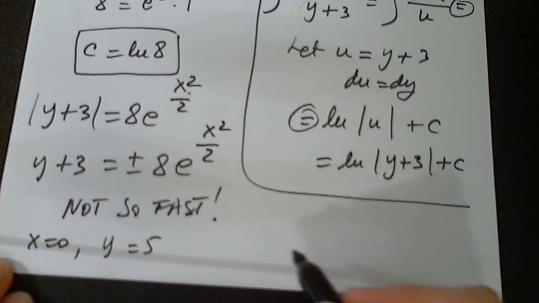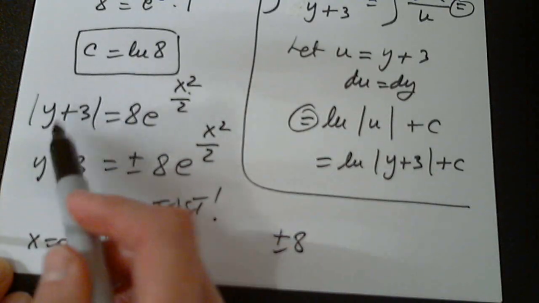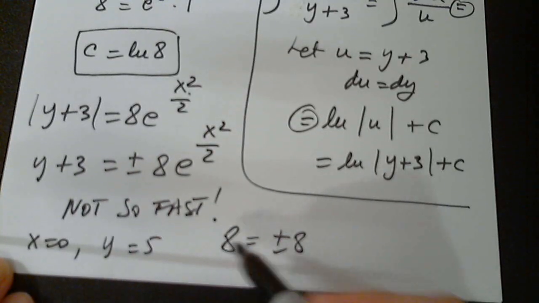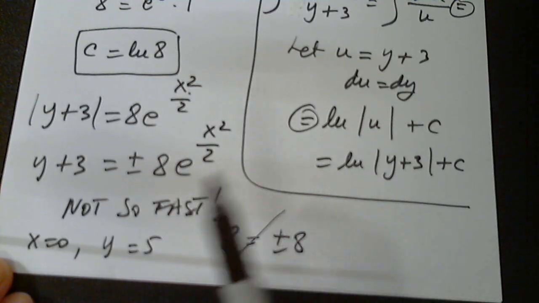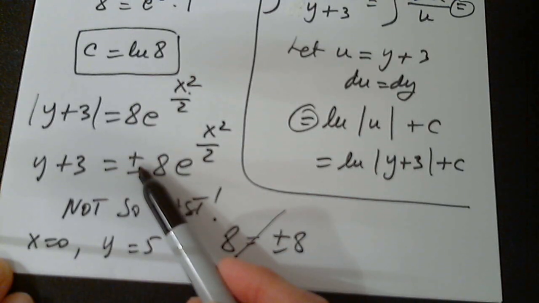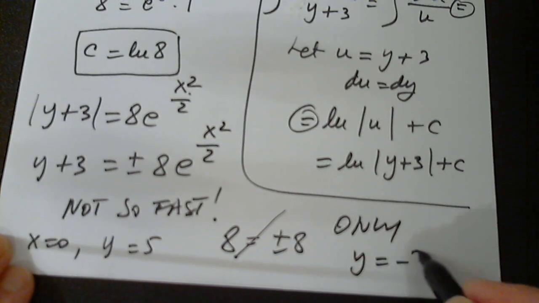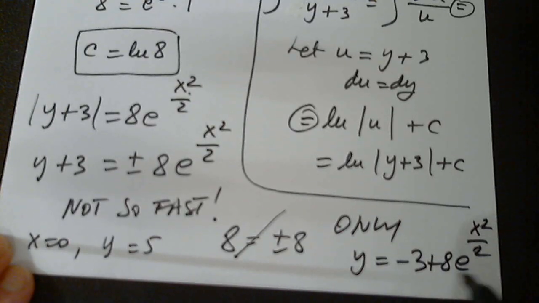The right-hand side is plus or minus 8. And when y is 5, 5 plus 3 is 8. No. I can only choose the plus. So then finally, only y equals negative 3 plus 8 e to x squared over 2.